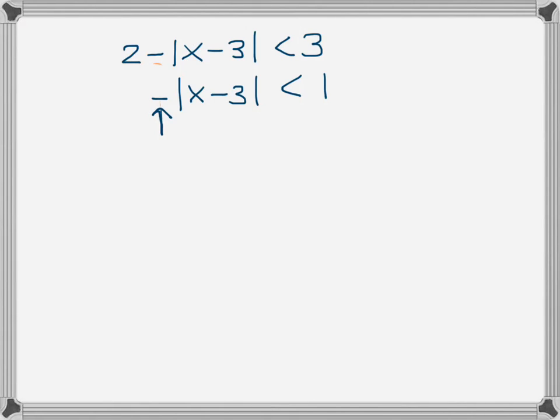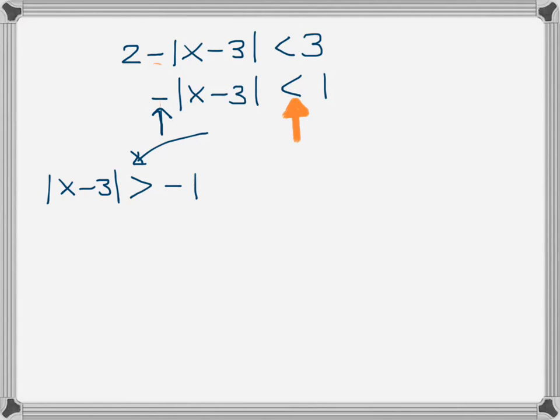And here's where you have to remember that if you multiply both sides of an inequality by a negative or divide by a negative, you have to swap the sign. So basically, this will turn out to be absolute value of x minus 3 greater than negative 1. Okay.